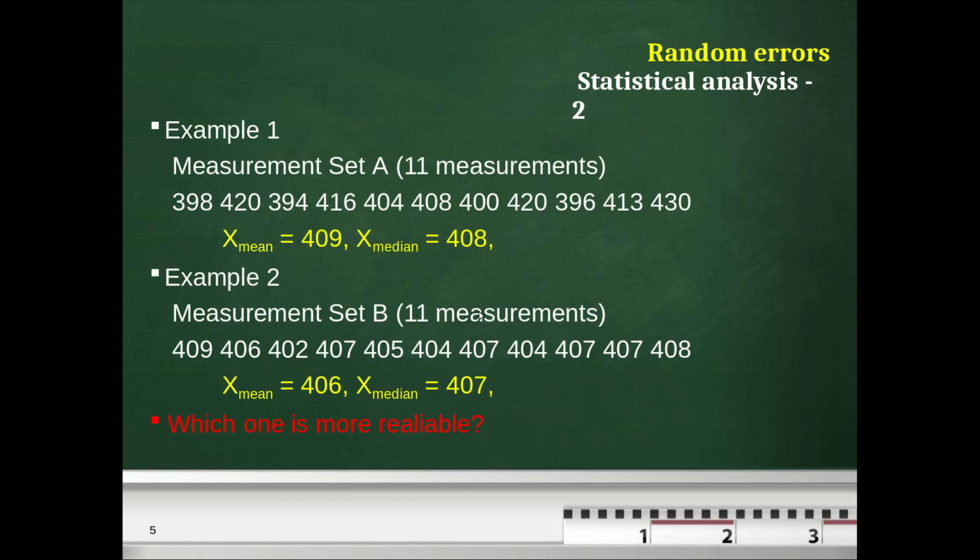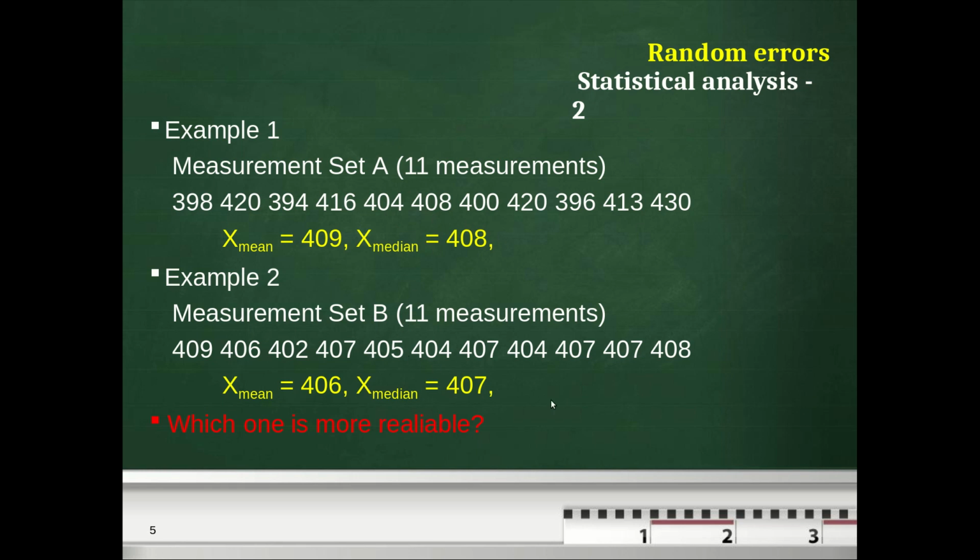Now, for example, for set A that you see here, x mean equals the sum of all the values over the total number of them, 11 measurements. For x median, we take the value in the middle of all of them. So you see here 5 and here 5, this is the middle one.